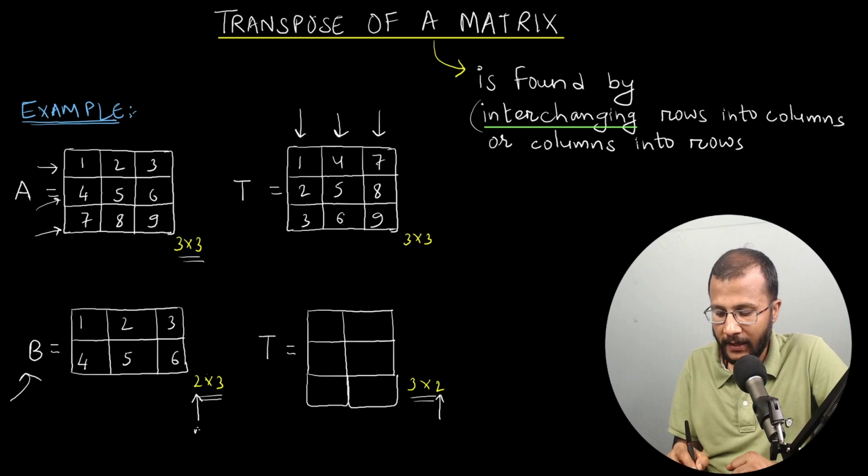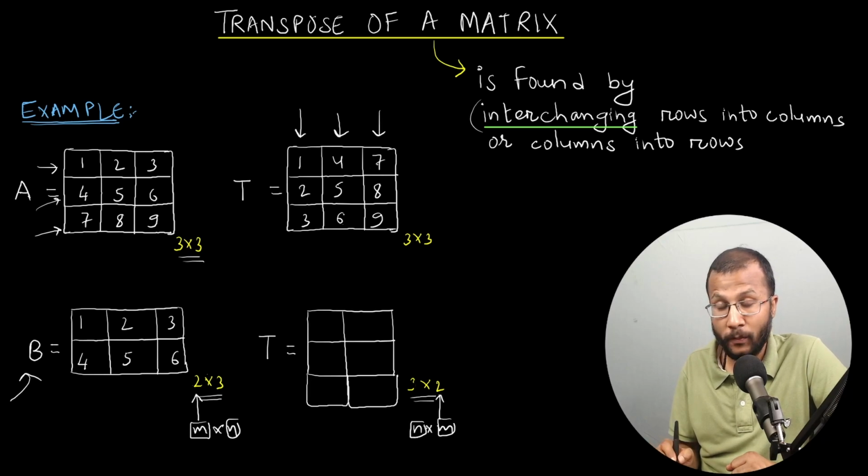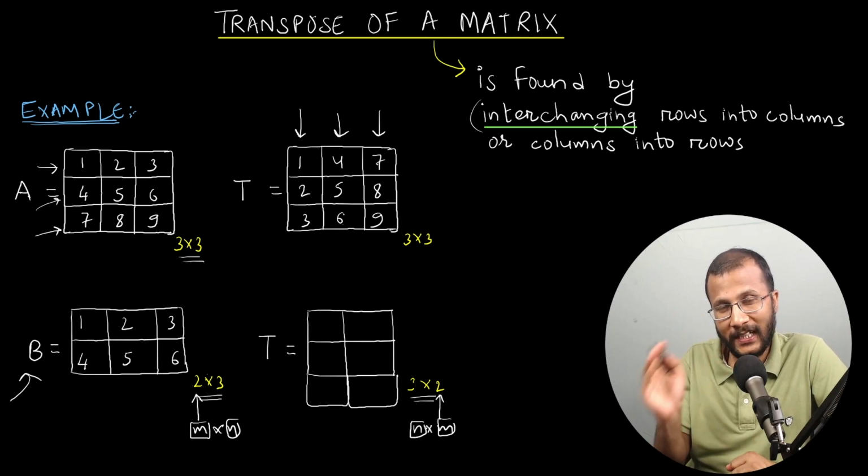Okay, so if this is M cross N, here it would be of dimension N cross M. So here M, the number of rows, is 2, so here the number of columns would be 2, and in the original matrix the number of columns is 3, so therefore the number of rows in the transpose matrix would be 3.